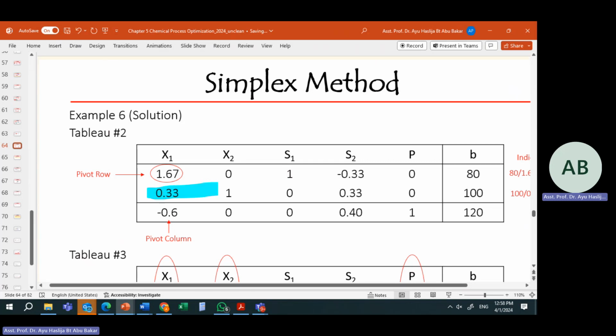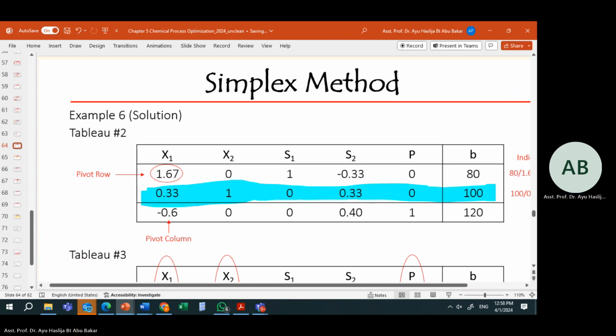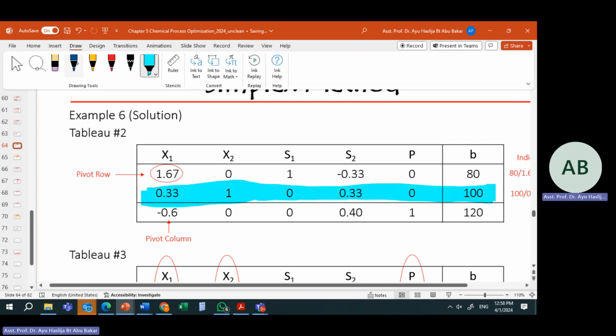Just now, this is your pivot row, the one that we divided by 3. Now, how to get the other values? How do we get this 1.67, 0.33, and 80?